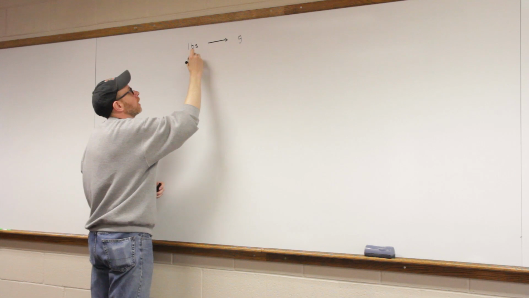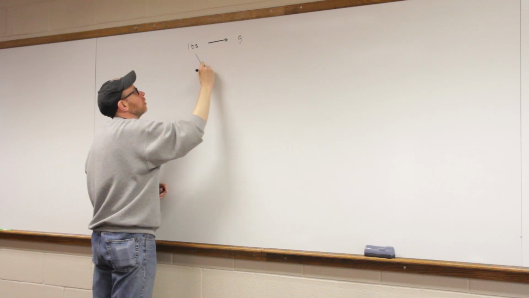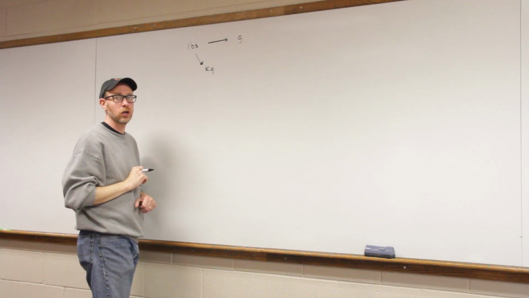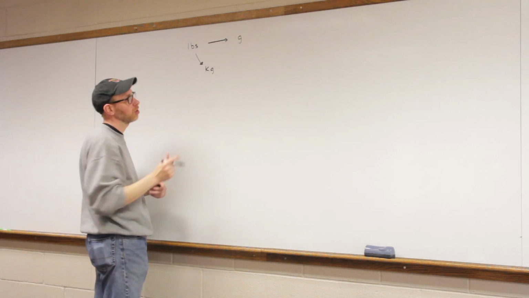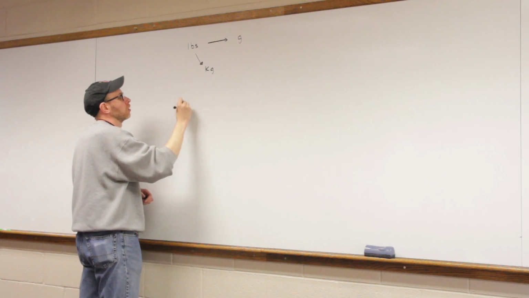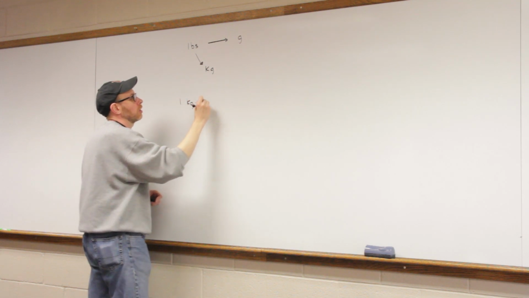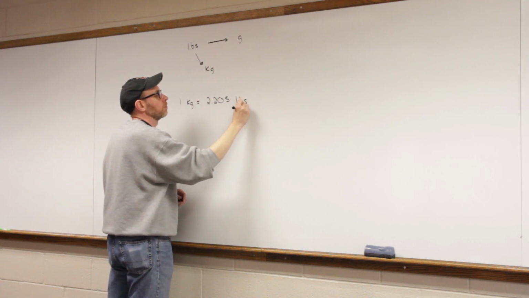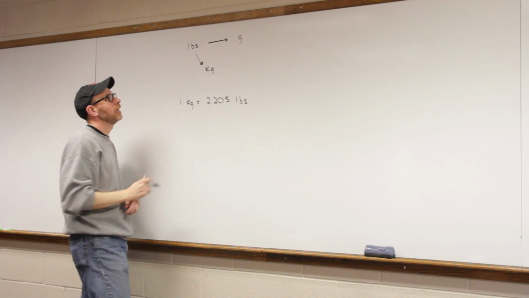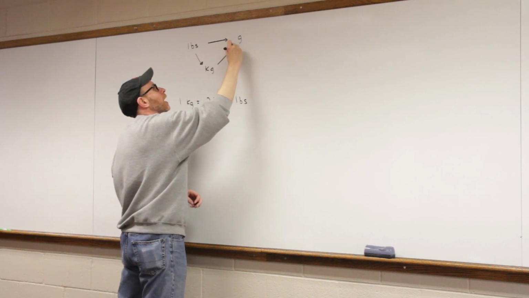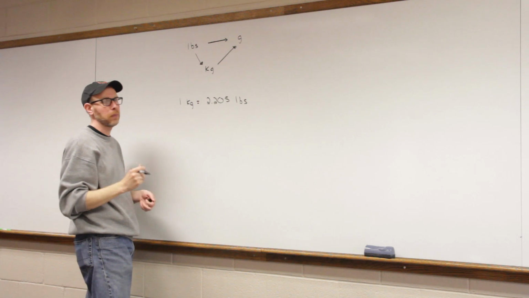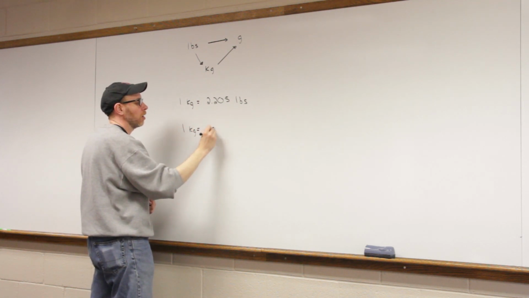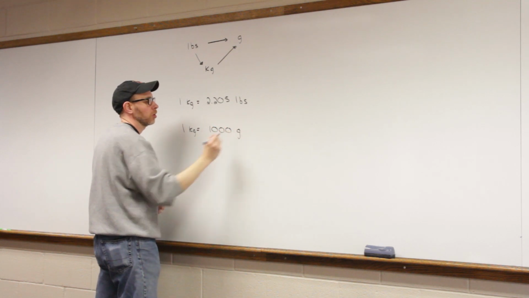So I know that I can get from pounds to kilograms using that conversion factor, because I know that in 1 kilogram there are 2.205 pounds. And then I know how to go from kilograms to grams because I know the definition of that prefix kilo. In 1 kilogram, there are 1,000 grams.